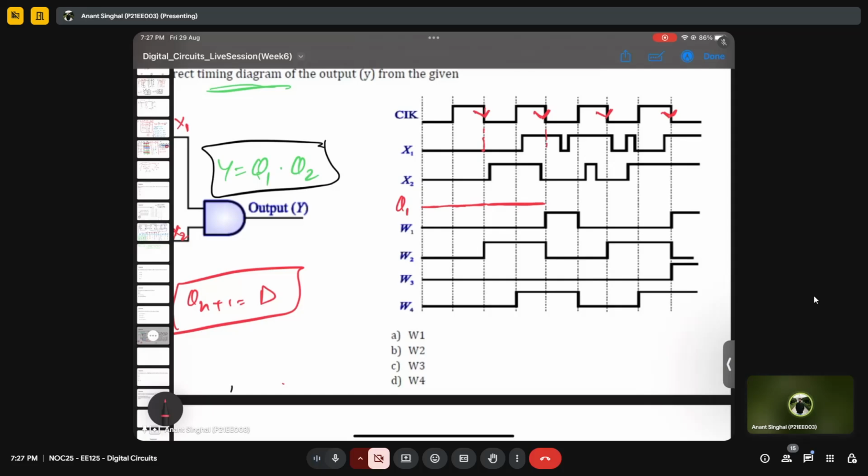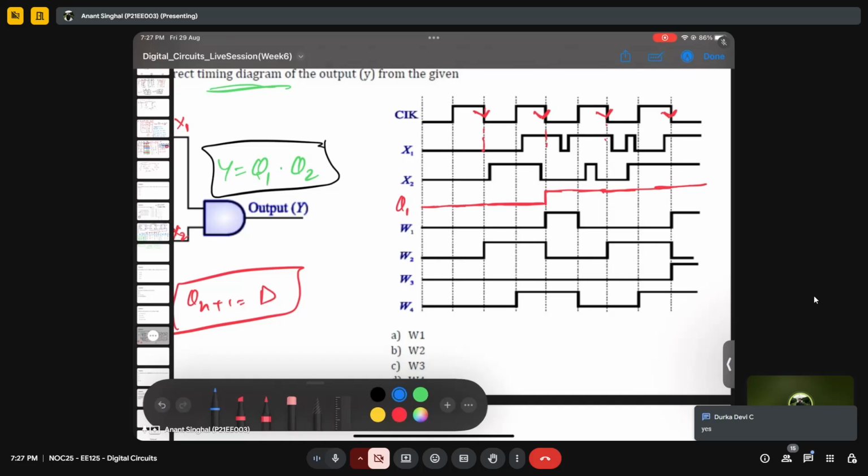Here X1 is 1, so it becomes 1 till the next trigger. Here X1 is still 1 till the next trigger, and then it's still 1. Is it clear how I've written Q1, everyone? Great.